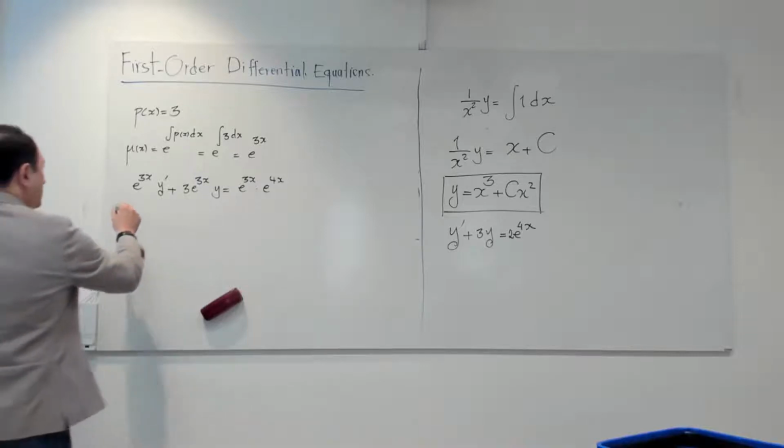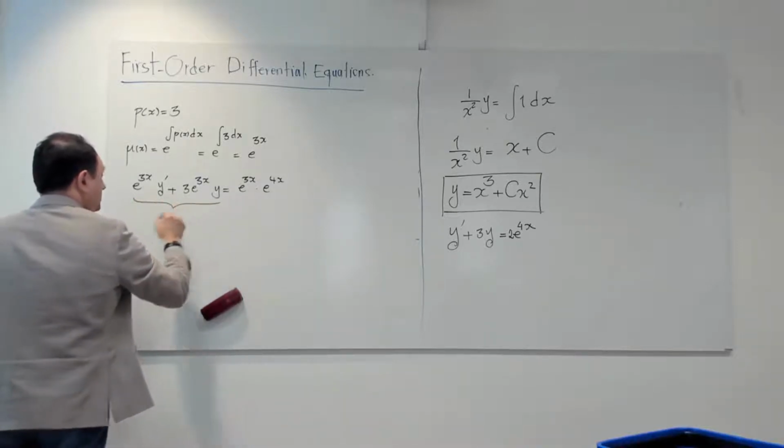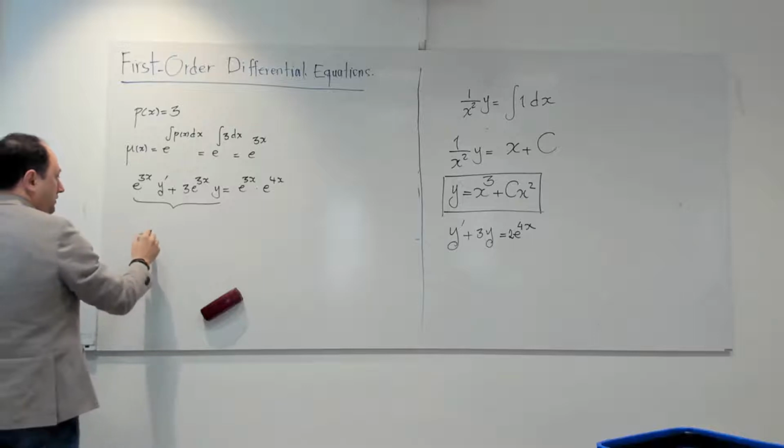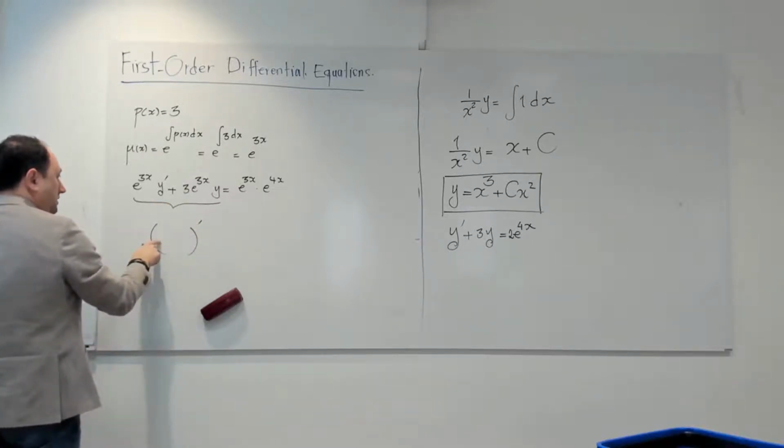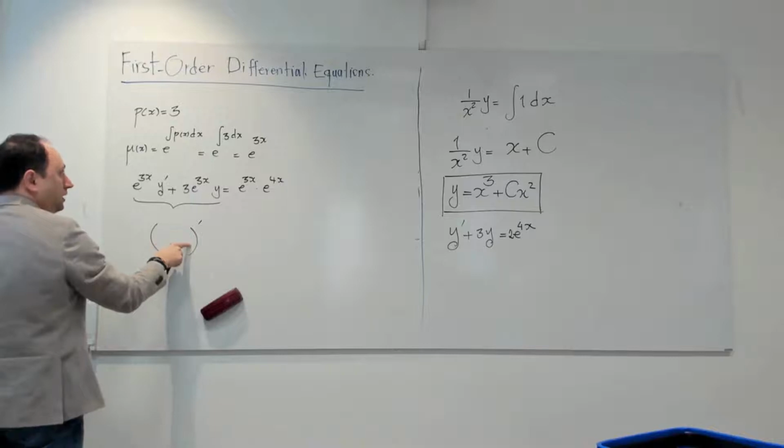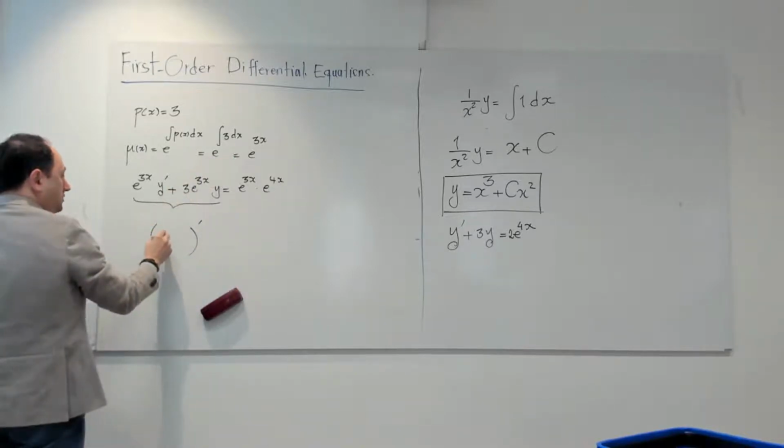Okay, but can you tell me what should I write instead of this? You don't need to doubt. It is always the derivative of your integrating factor multiplied by y. Your integrating factor is e to the power of 3x, multiplied by y.